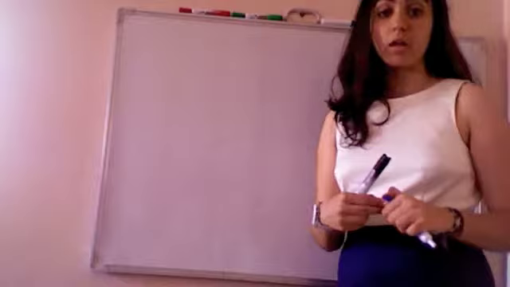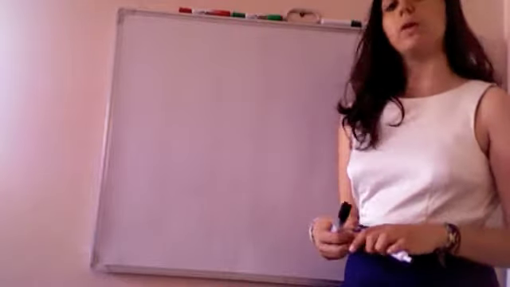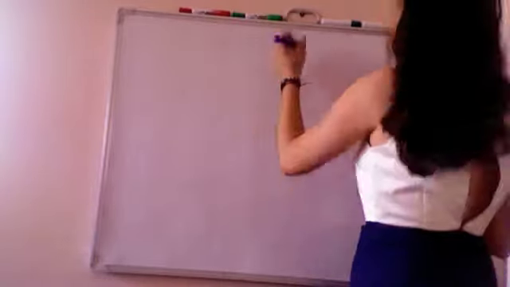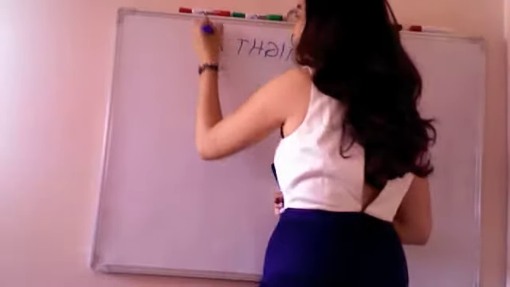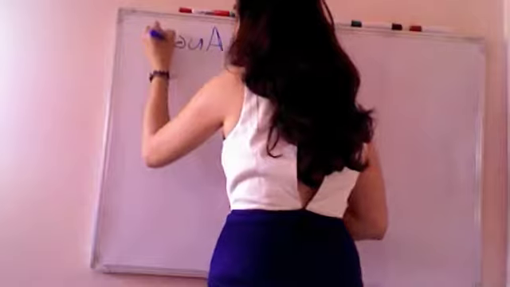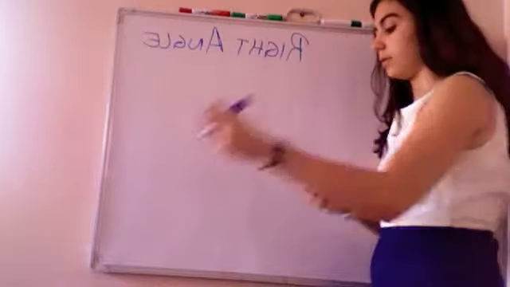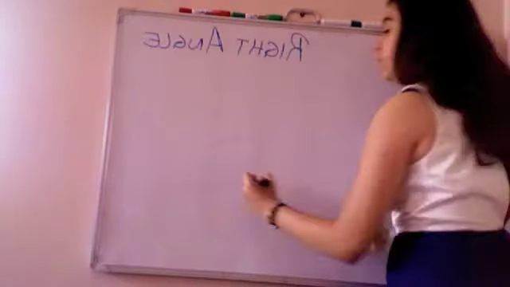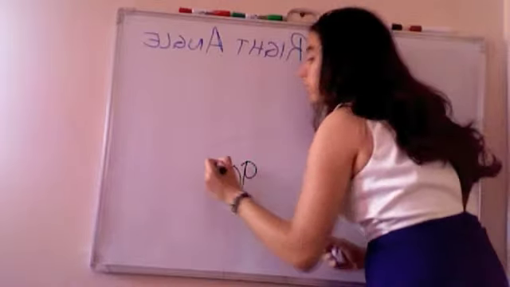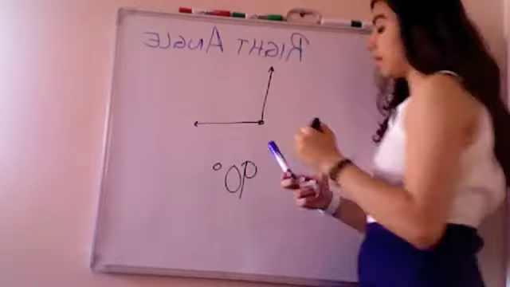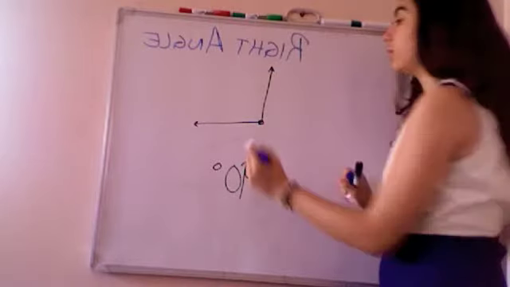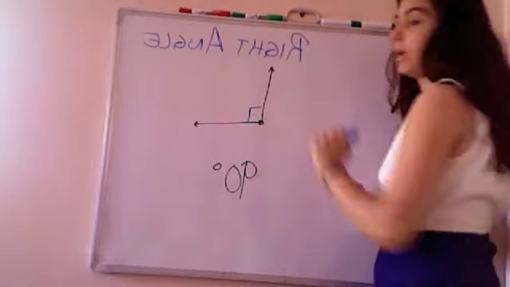A third kind of angle would be the most famous one, the right angle. This angle is 90 degrees. And the sign used to represent it would be a little square right here.